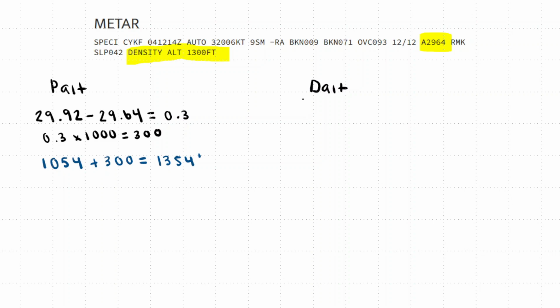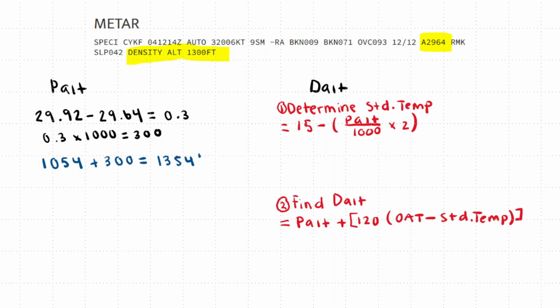But now let's move on to how to calculate density altitude. Okay, so I quickly wrote down the formulas here that we're going to be using. But our first step in figuring out density altitude is determining our standard temperature. Okay, so I've written down what we need here. So 15, and then we need to subtract the pressure altitude that we have.